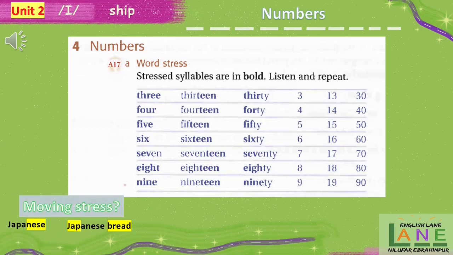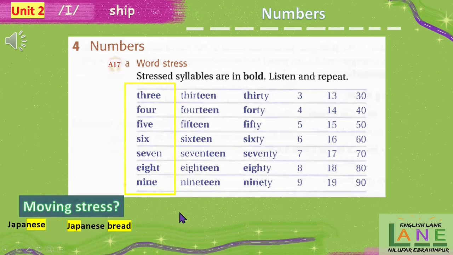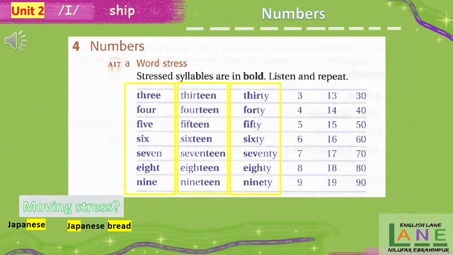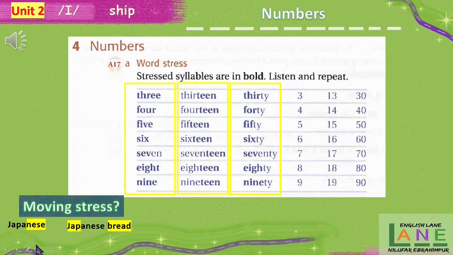Okay. The same thing, moving stress, can happen with one of the groups in here. Which group has moving stress when there is a stressed syllable after it, like this nationality word?